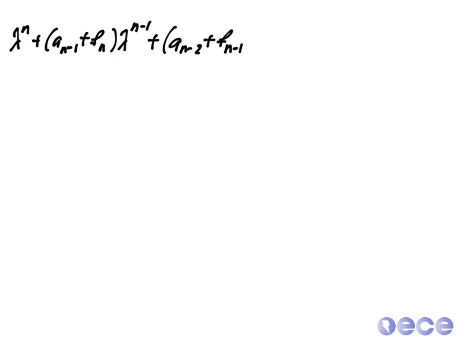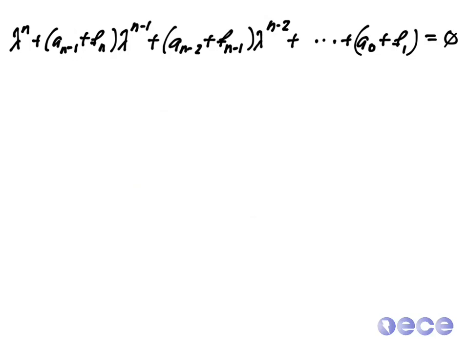So our value for the determinant will be lambda to the n plus (A sub n minus 1 plus F sub n) lambda to the n minus 1 plus (A sub n minus 2 plus F sub n minus 1) times lambda to the n minus 2, etc., plus A0 plus F1 as our final value, which will be equal to 0.